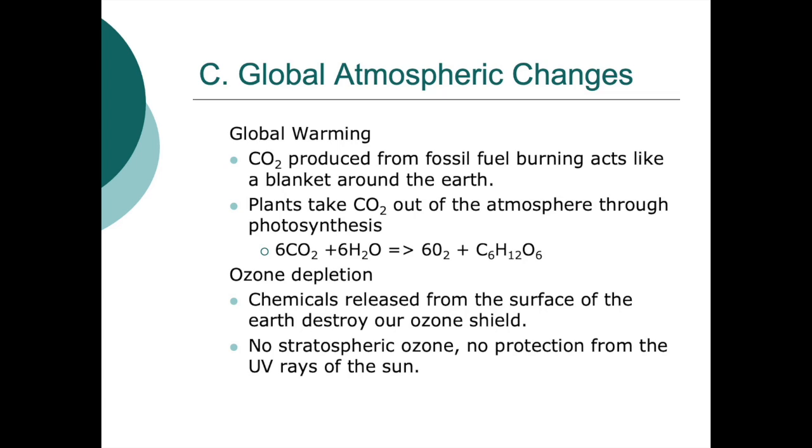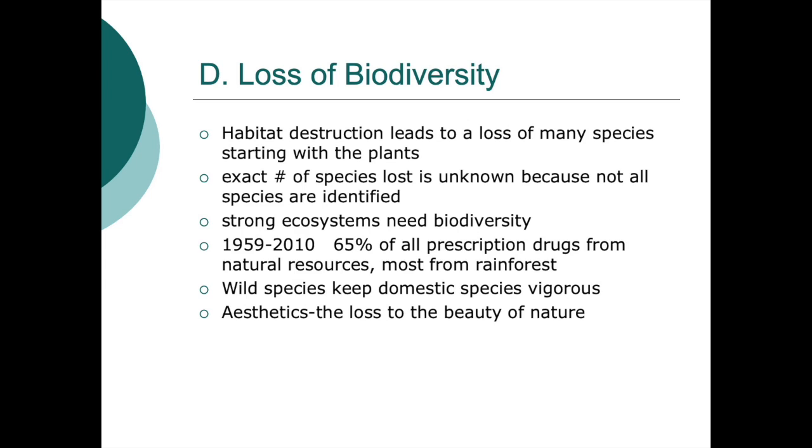In a normal balanced equation, the plants would be taking the CO2 out and balancing that out and then storing that carbon. However, because of the excess CO2 being dispelled into the atmosphere, the plants in the ocean are being drastically affected. Also, we release photoreactive chemicals that destroy ozone.